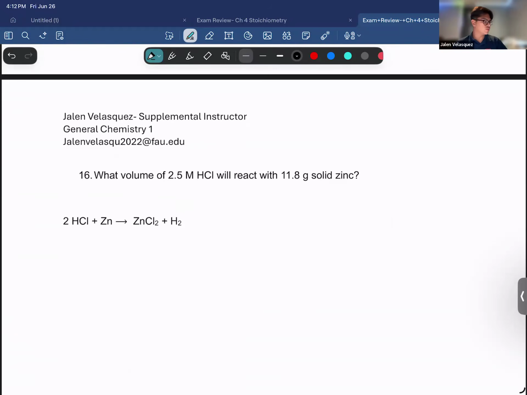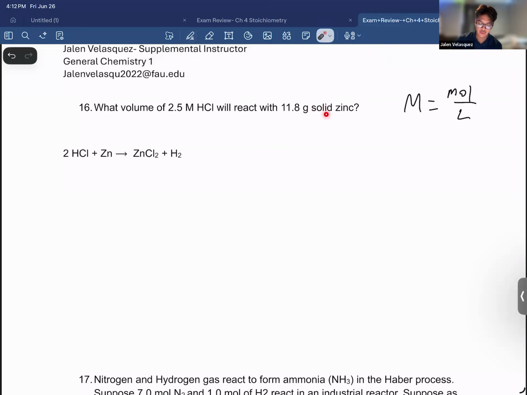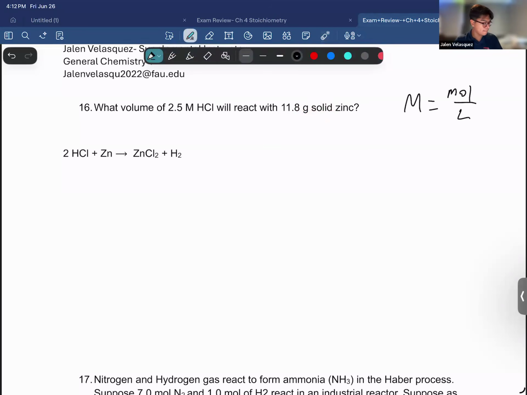Number 16 says, what volume of 2.5 molar hydrochloric acid will react with 11.8 grams of solid zinc? Okay, so again, we're going to use M is moles divided by liter here. So we can start with the 11.8 grams of zinc and convert that into the moles of hydrochloric acid.